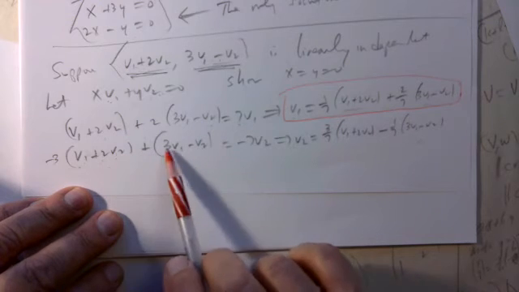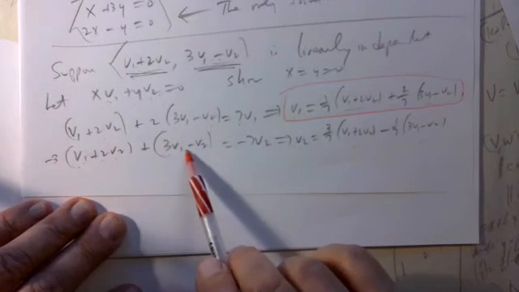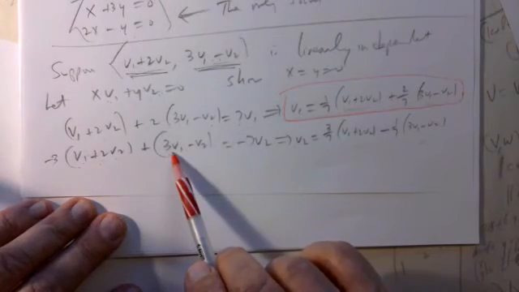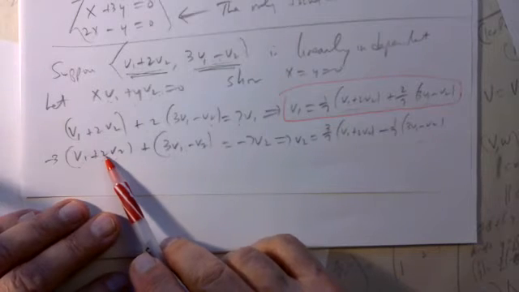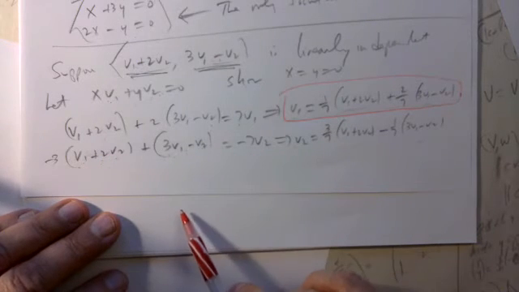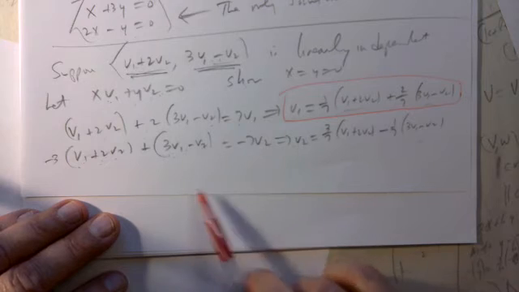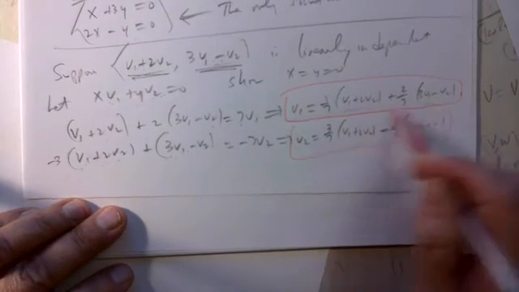I next want to eliminate the v1. If I multiply this by minus 3 and add to this, I have minus 3v1 plus 3v1. That's 0. The v1 goes away, and I'm left with minus 7v2. So if I solve for v2, I just divide by minus 7. I get 3/7 minus a 7th. I get this.